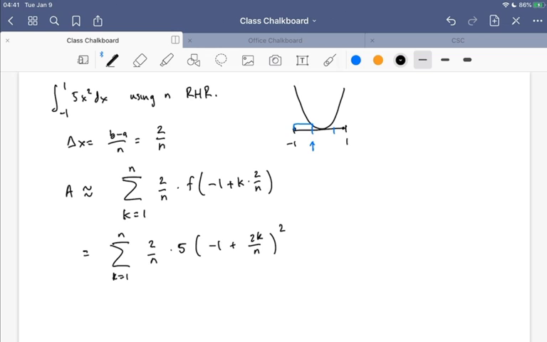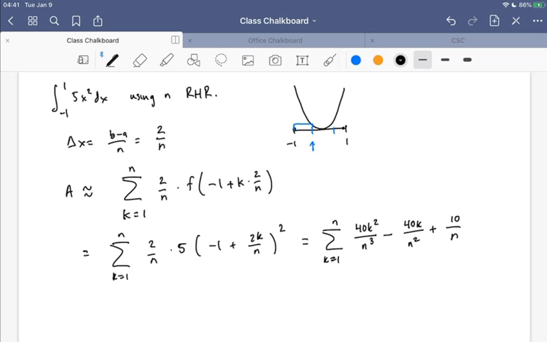Okay, so I just did the foiling part with Mathematica, and what we end up getting is 40k squared over n cubed minus 40k over n squared plus 10 over n. Okay, so do you guys buy at least that part?